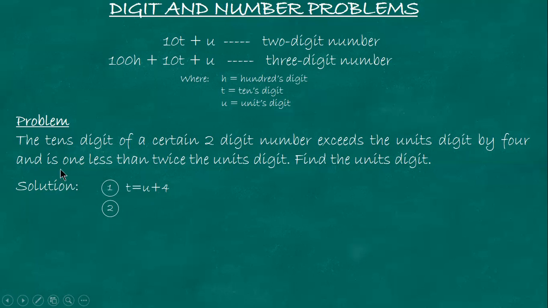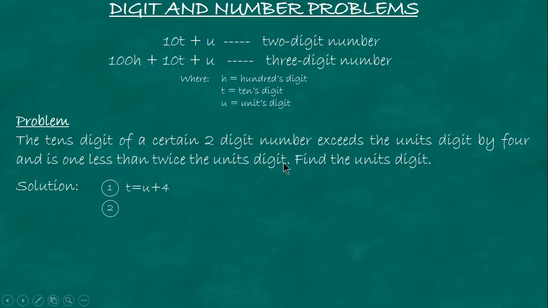The second is this: and is 1 less than twice the units digit. This is referring to the tens digit. The tens digit is 1 less than twice the units digit, meaning it is smaller by 1 than twice the units digit.